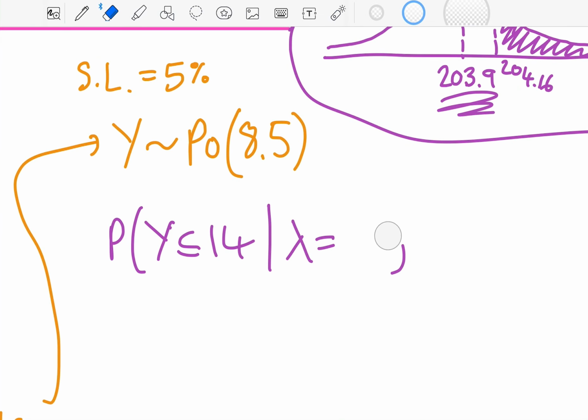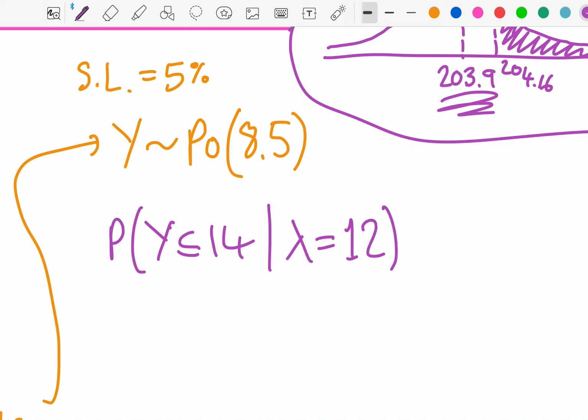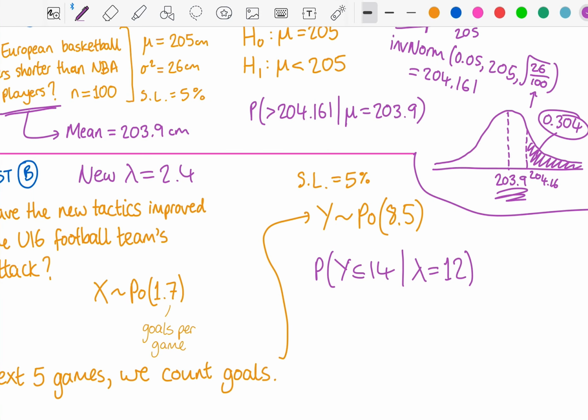That doesn't make sense to give as one game, so let's convert that to 5 games, where it would be 2.4 times 5, that's 12. So really they should have been scoring 12 goals per 5 games. What is the probability of just not spotting this improvement and therefore scoring 14 or fewer goals? That's going to be Poisson CDF with 14 or fewer, so from 0 to 14, with a mean of 12.